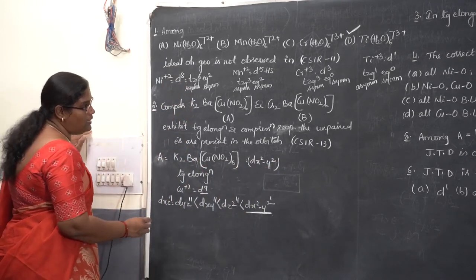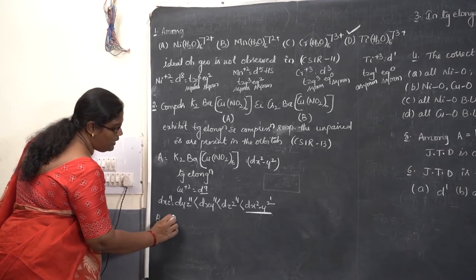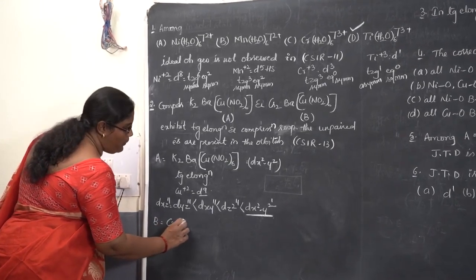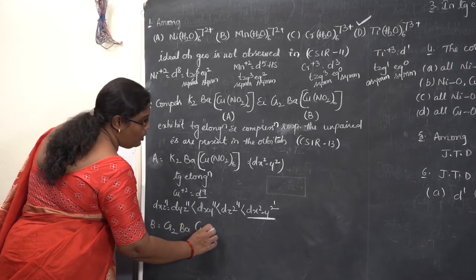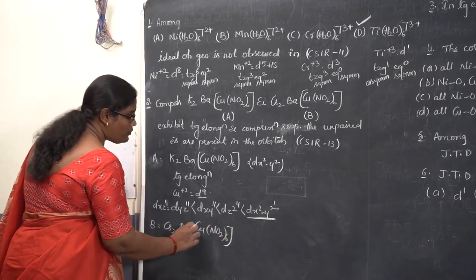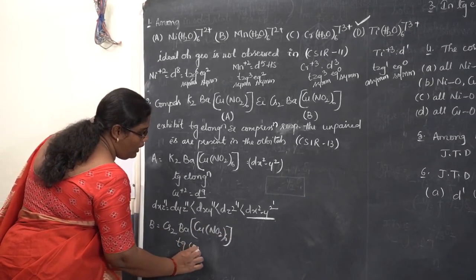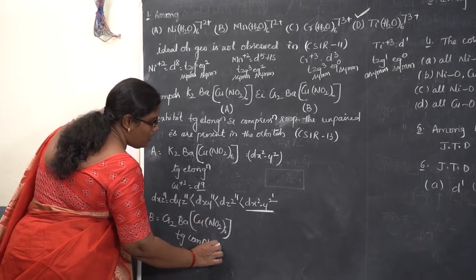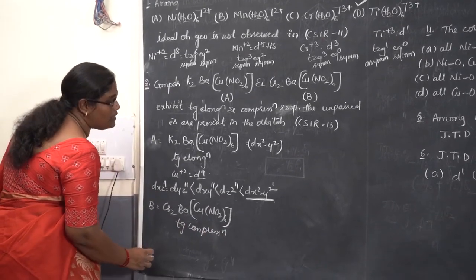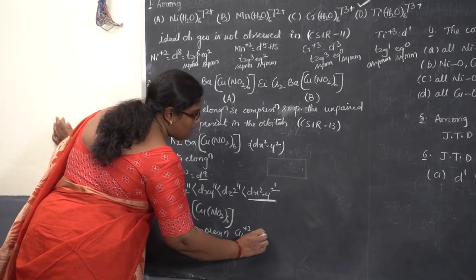Now when we take the second complex, that is the B complex, Cs2BaCu(NO2)6, it is undergoing tetragonal compression. Tetragonal compression. So what is the complex? It is Cu plus 2, d9 system.